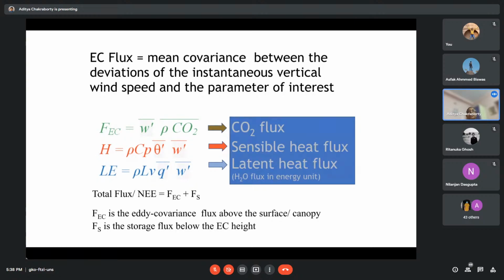So the water vapor flux can be decomposed into two components. As you know from high school physics, latent heat means the total amount of heat changes but the temperature remains constant.